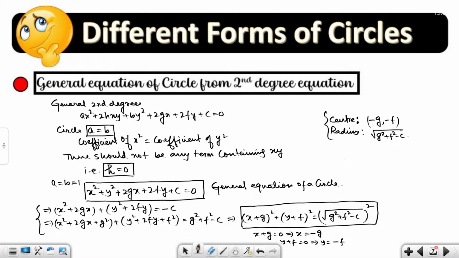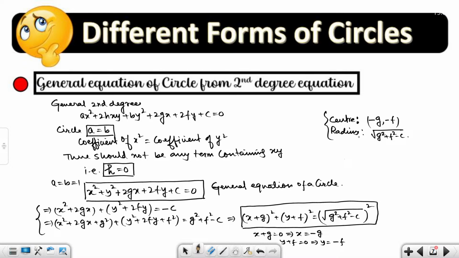The answer is no. Simply by observing this result, you can find out its center and radius instantly. The moment you see the general equation of the circle, you can easily find out its center and radius without converting it into the center radius form. How? Please observe this result.